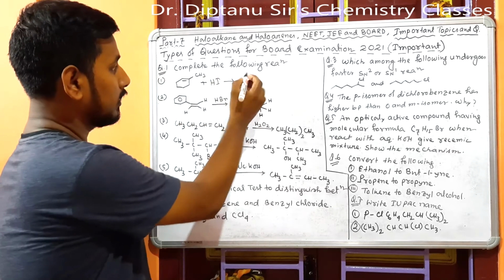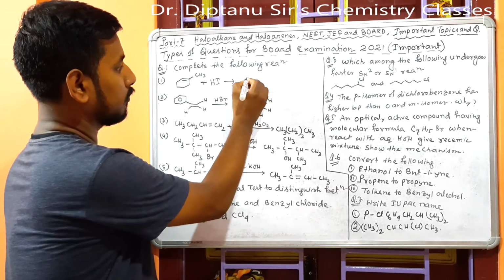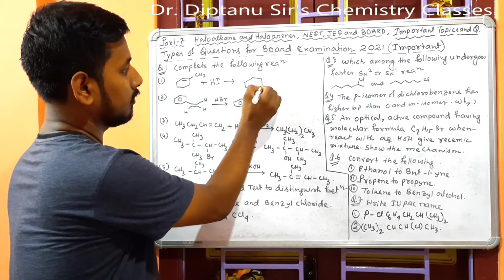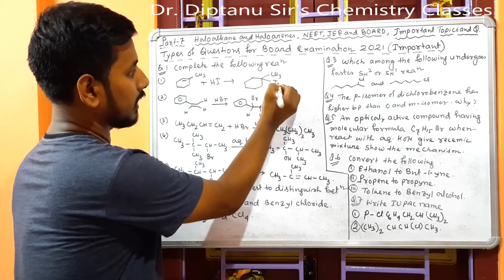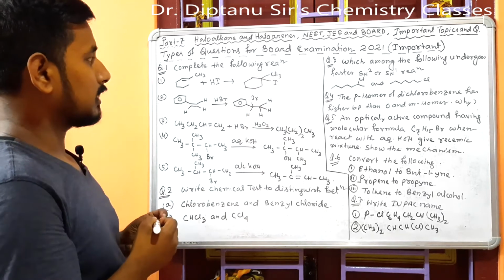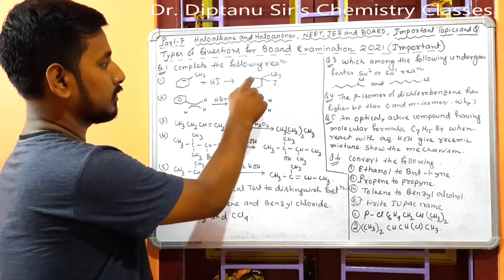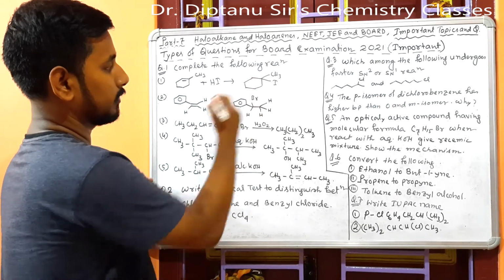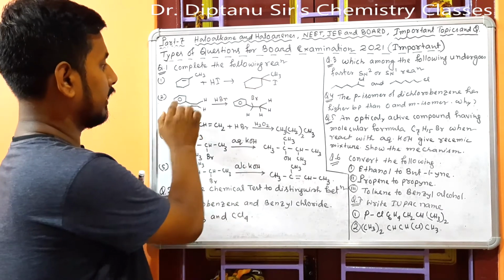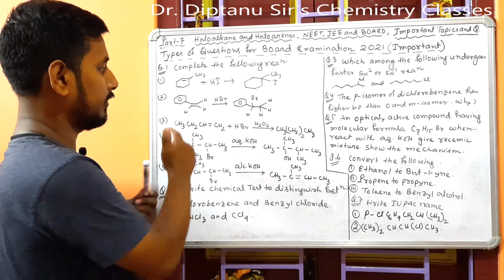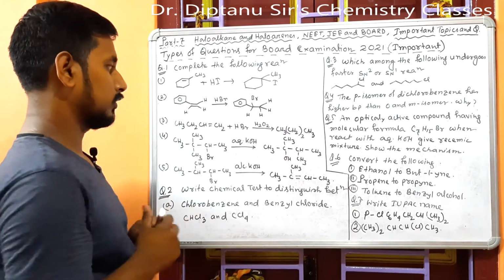Here this is your Markovnikov rule, and you write the product. This is your CH3 and this is I. This hydrogen is attached to this carbon, so this is the reaction, and here also another reaction. This is also the Markovnikov rule.